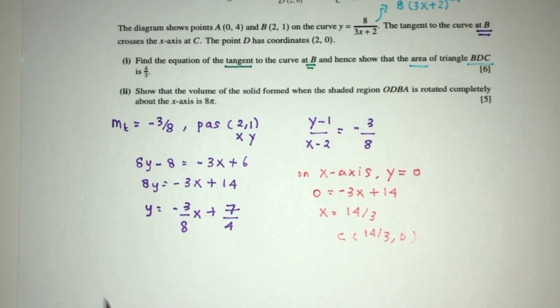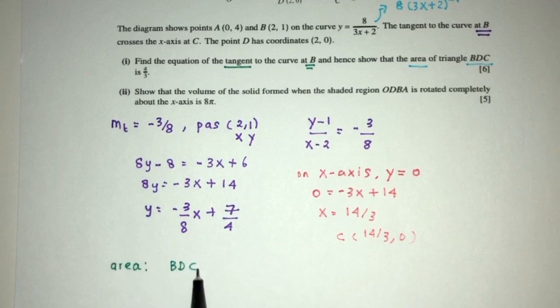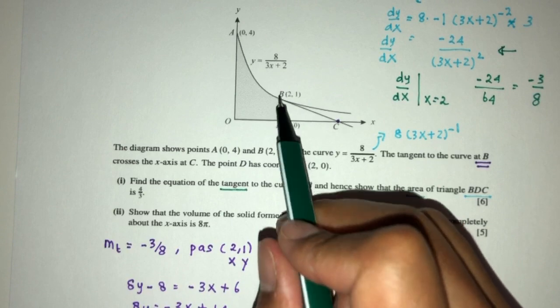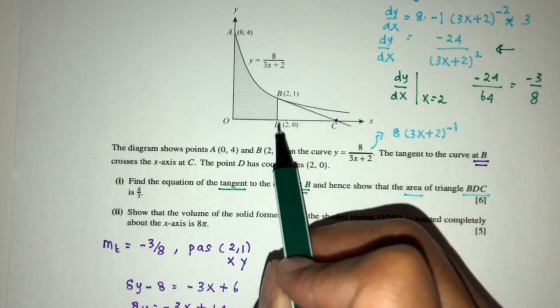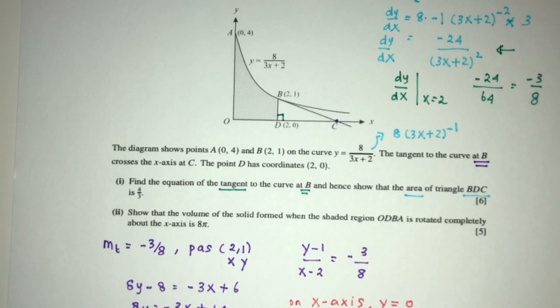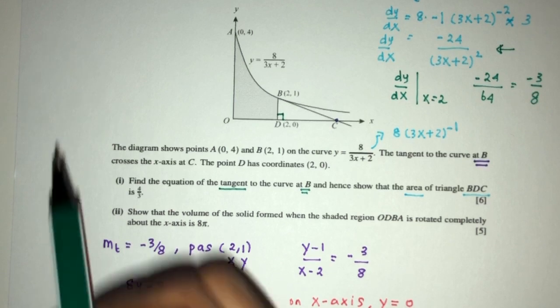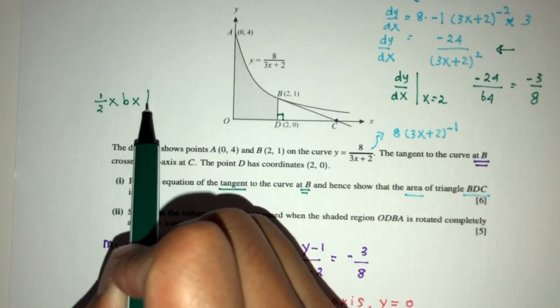So let's find the area of the triangle BDC. Now BDC is this one, BDC. Now this is a vertical line, as the x-values of the points, 2 and 2, match. We know this is a vertical line, so this has to be 90 degrees. Now how can you find the area of a triangle or right angle triangle? It is simply half times base times the perpendicular height.